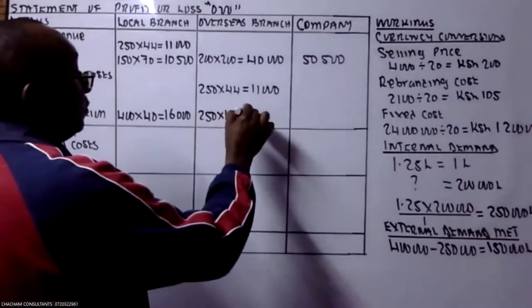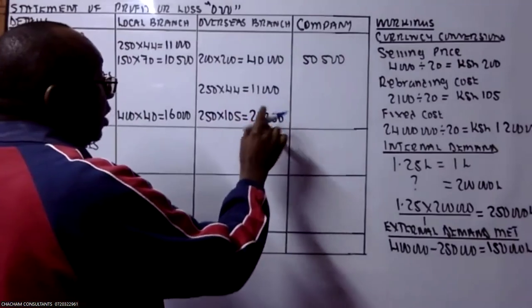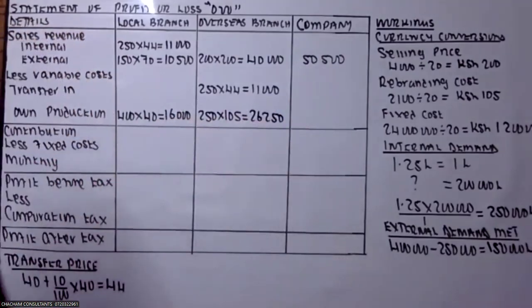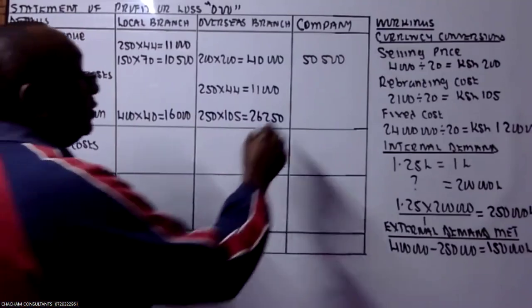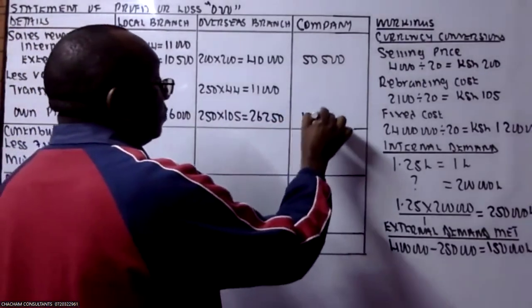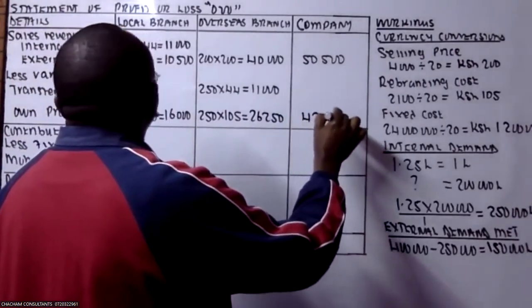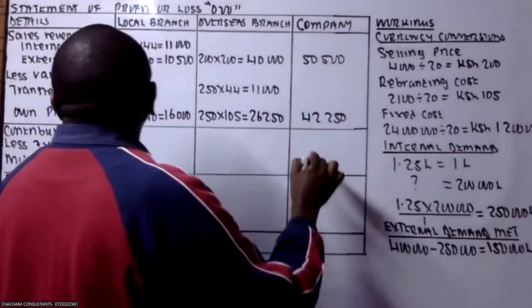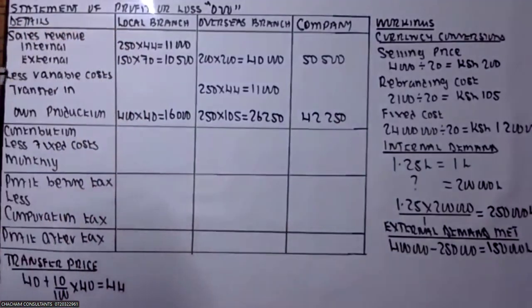$26,250. Now add this to this. 26 plus that plus 16. $42,250. Now subtract. Tukuje hapa.